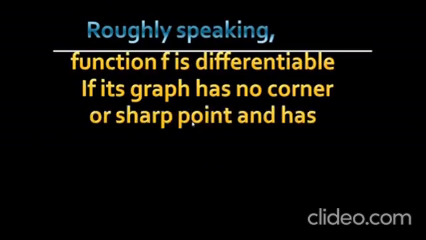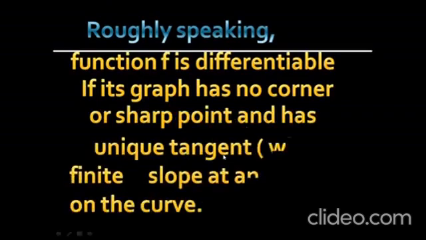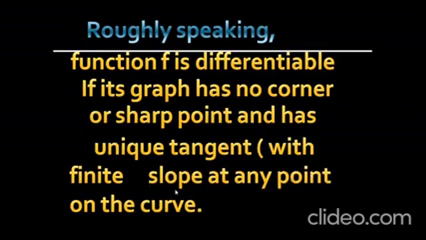Roughly speaking, function f is differentiable if its graph has no corner or sharp point and has a unique tangent with finite slope at any point on the curve. Now we can easily get the definition of the function also. For a function f, a derivable function always belongs to the continuous functions.